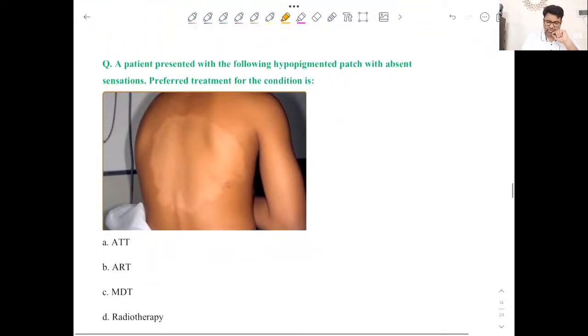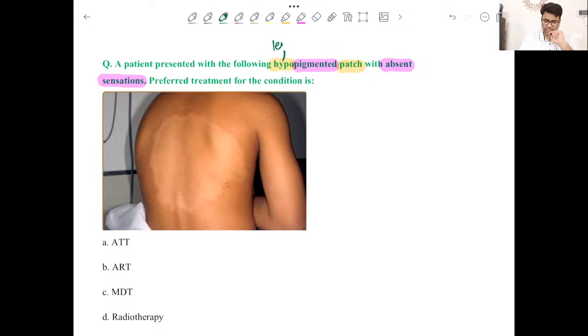Now next question. A patient presented with hypopigmented patch and there is absent sensations. What you need to do to treat such a case?